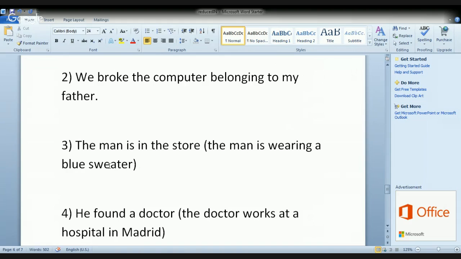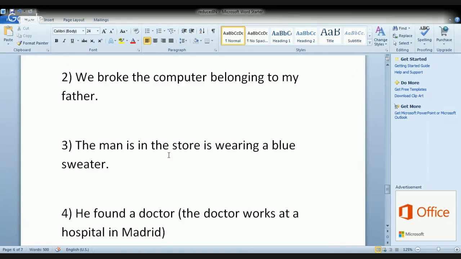The next sentence, the man is in the store. The man is wearing a blue sweater. Well, let's take out these parentheses first and get to business. The man is in the store. The man is wearing a blue sweater. So we're taking out the man, as we have that twice.